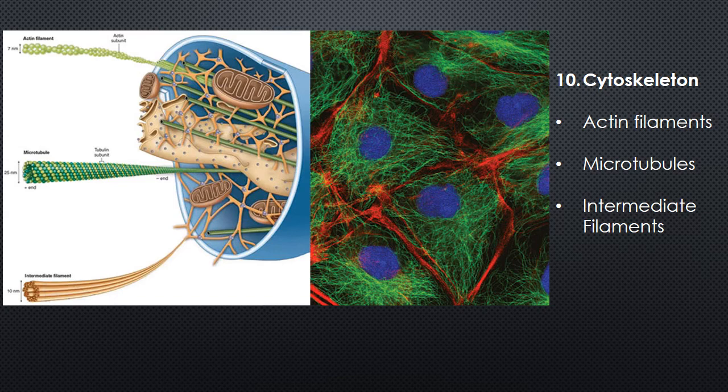Now, the nice thing about microtubules is they are made up of proteins called tubulin, so that makes sense, right? And there are certain motor proteins that work on microtubules, and so microtubules essentially form tracks throughout the cell that the organelles can be moved upon using those motor proteins.